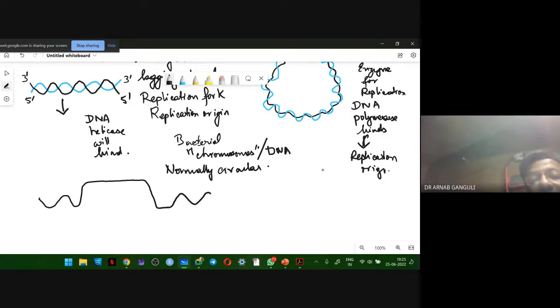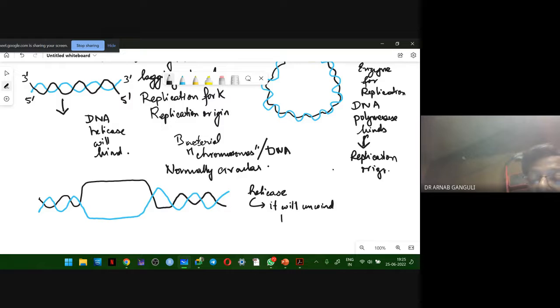For the time being, forget what is the lagging strand and leading strand. Just concentrate that DNA helicase will bind, and as the name says, helicase, it will unwind the DNA.